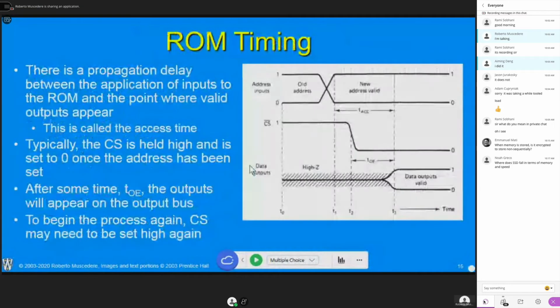Okay, moving on here. With ROM timing, with any memory device, there's always a little bit of time before we get things out. Now, when I'm talking about these memory devices right now, I'm talking more about what we refer to as legacy memory devices. These are asynchronous memory devices. They're more traditional.